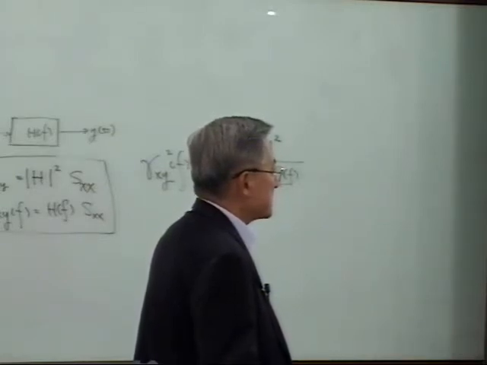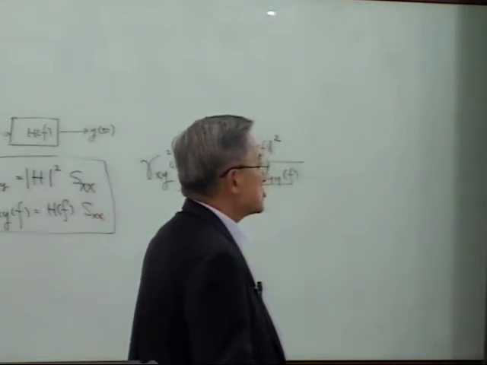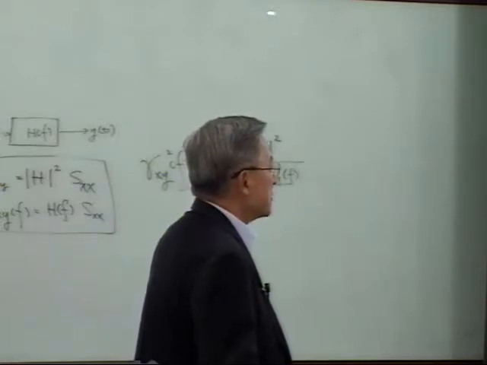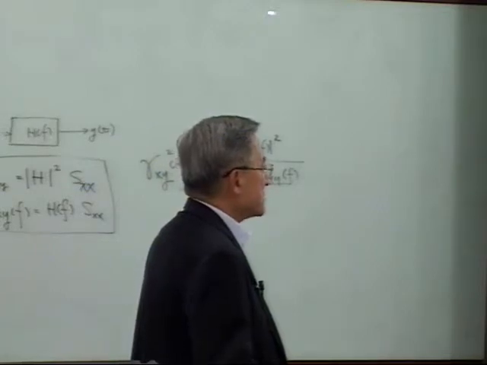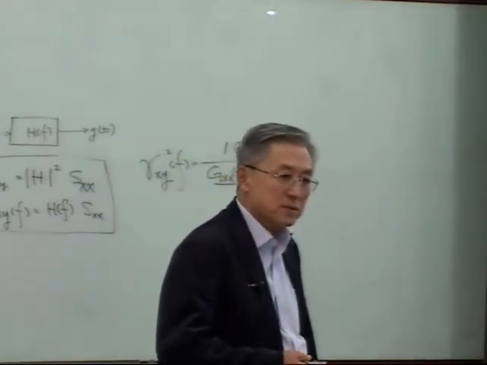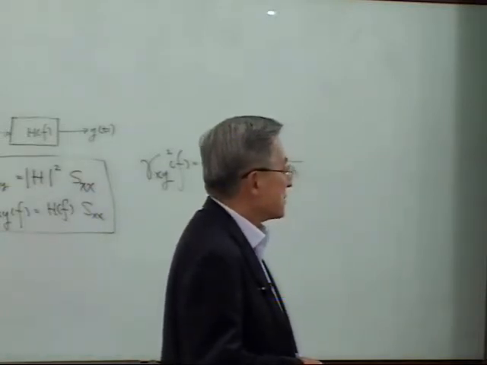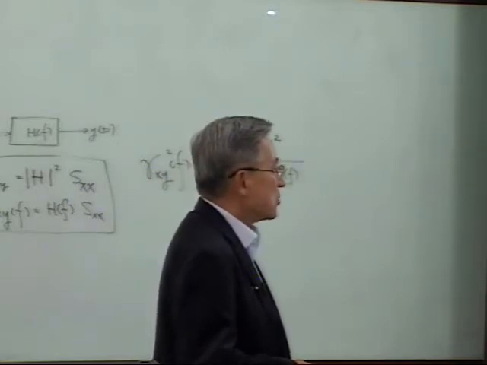Expression-wise, 1 minus GNN over GYY. Look carefully here. Is the gamma xy square calculatable? Yes, it is calculatable. Gamma xy square is equal to 1 minus GNN over GYY.